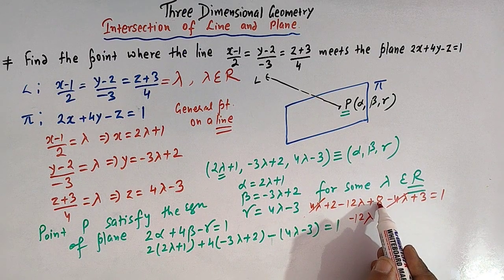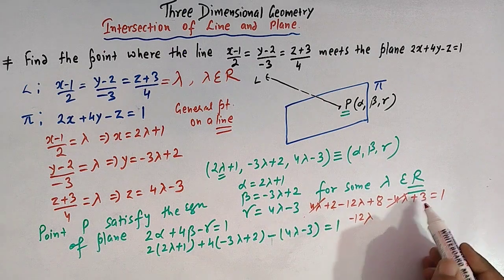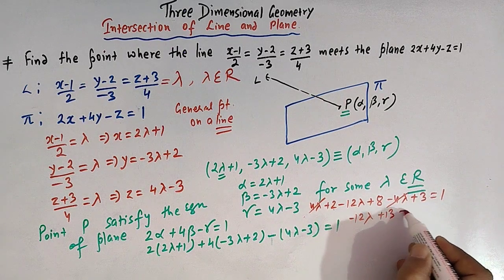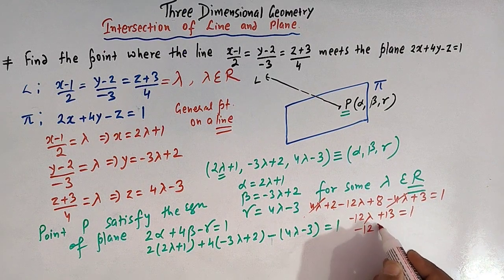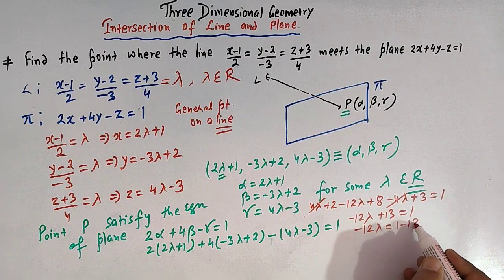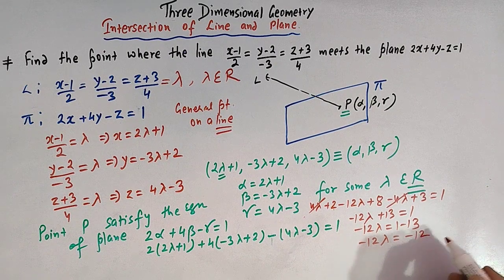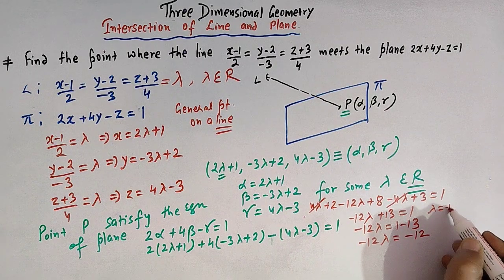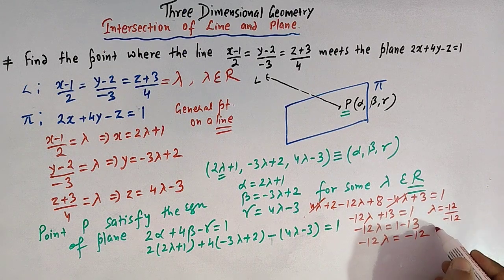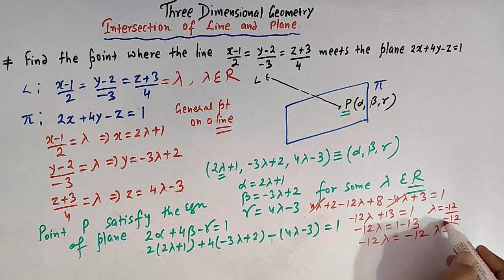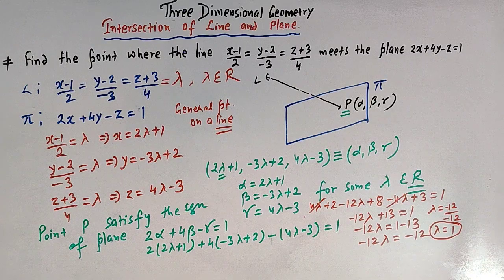Then 2 plus 8 is 10, 10 plus 3 is 13, is equal to 1. So minus 12 lambda is 1 minus 13, which is minus 12. So lambda is equal to minus 12 over minus 12, that is lambda is equal to 1.